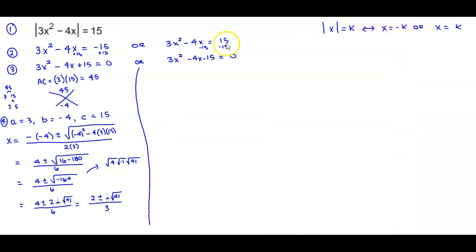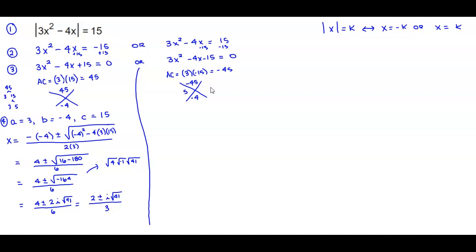Okay, now let's take a look at the second one here. So here we can try to use the AC method again. The AC is taking 3, multiplying it by negative 15, which gives us negative 45. So if we create our x and we have negative 45 and the middle number of negative 4, what two numbers can we multiply to get negative 45 that, when we add them together, give us negative 4?